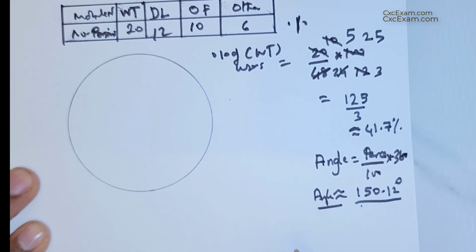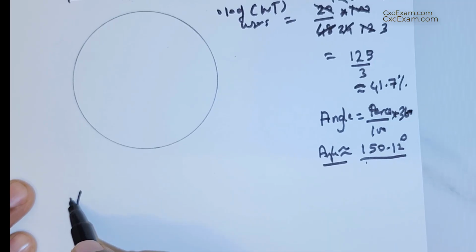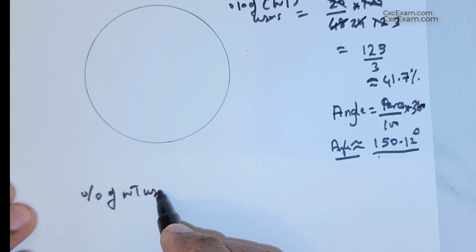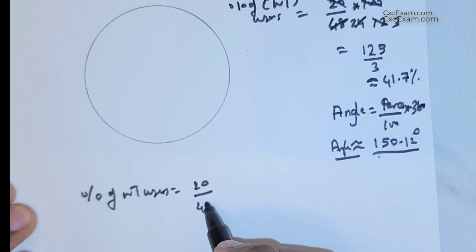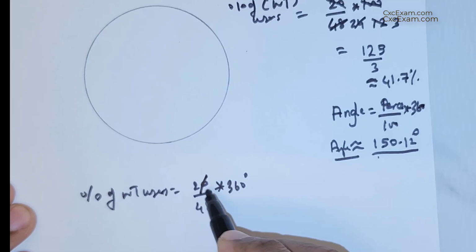Having mentioned this, there is an easier way to get the angles for the pie. This is going to be the rule. Percentage of VT users is equal to 20 over the total number of users, 48, multiplied with 360 degrees.